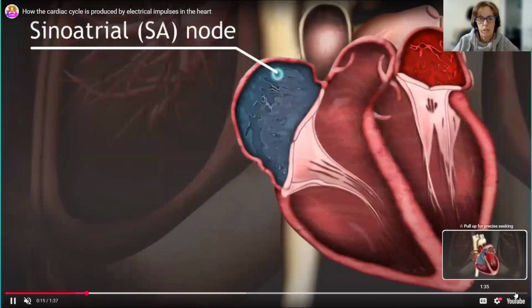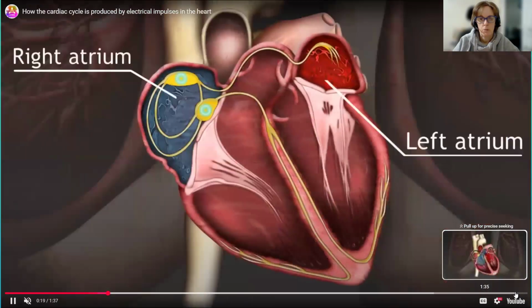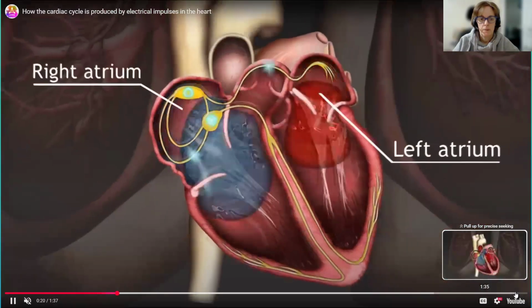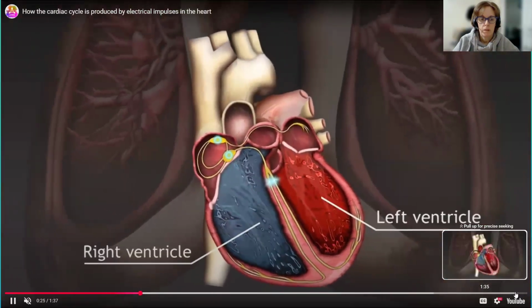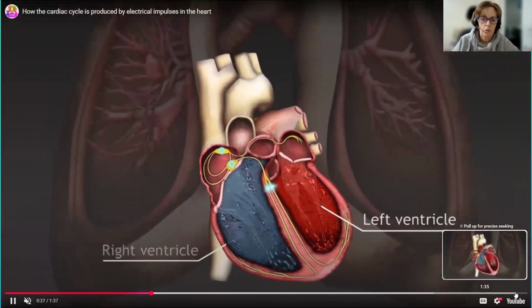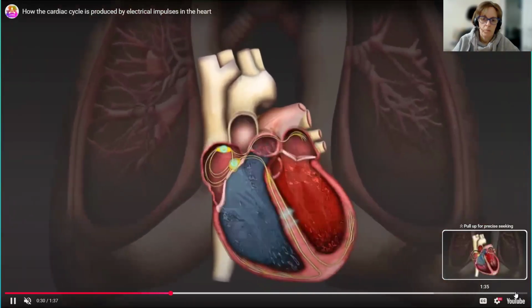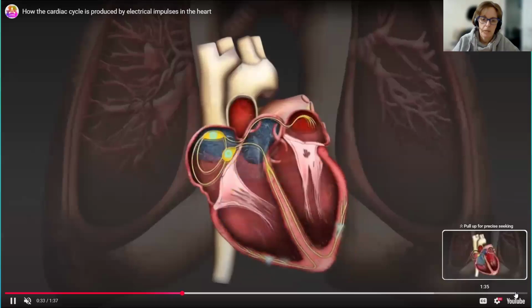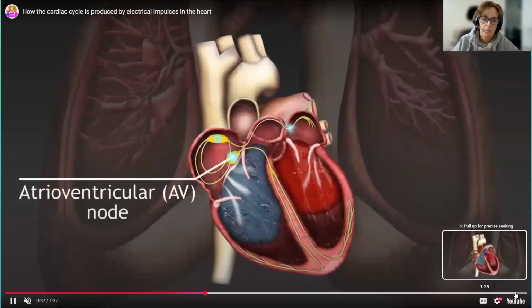That's the SA node, obviously. And you can see the connections between it there. Really quick contraction of the top chambers there. And then the signal passes down that middle septum and initiates the contraction from the bottom.